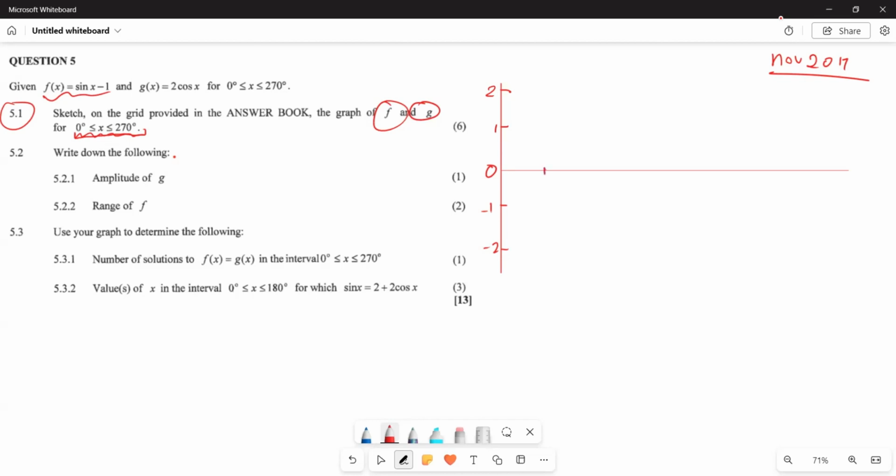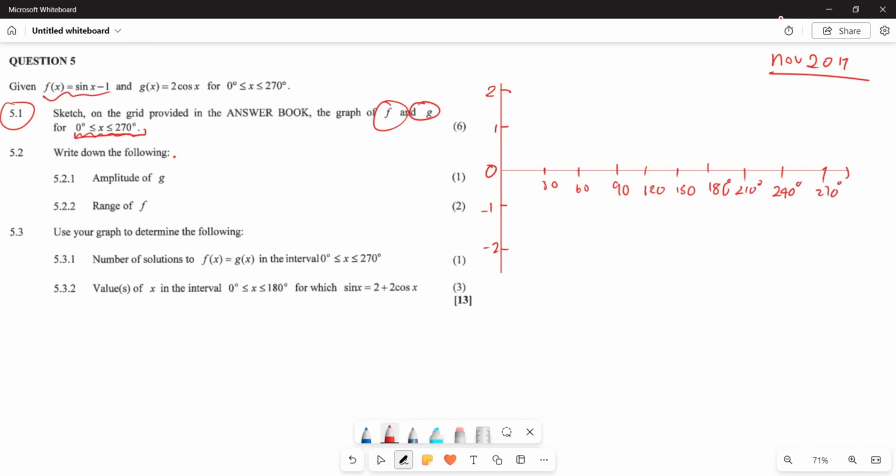This is 30, this is 60, 90, then 120, 150, 180 degrees, then 210, 240, and also our 270 degrees altogether.